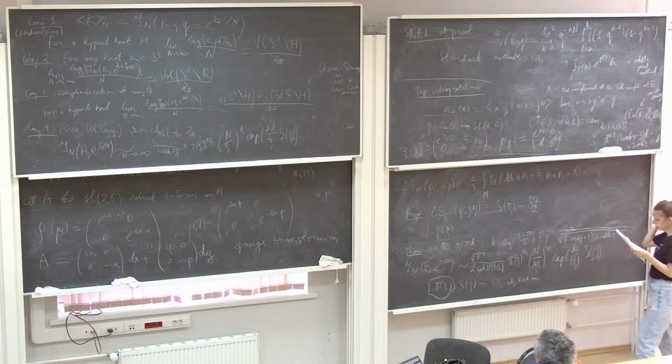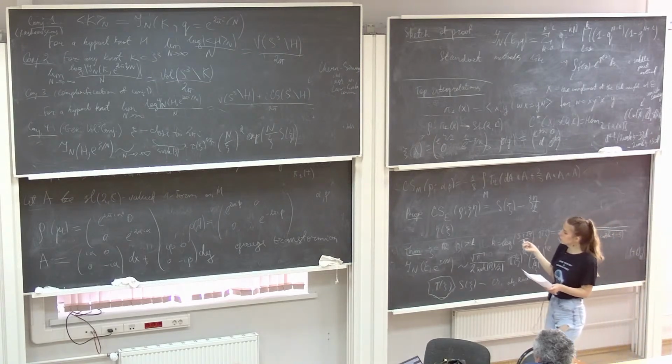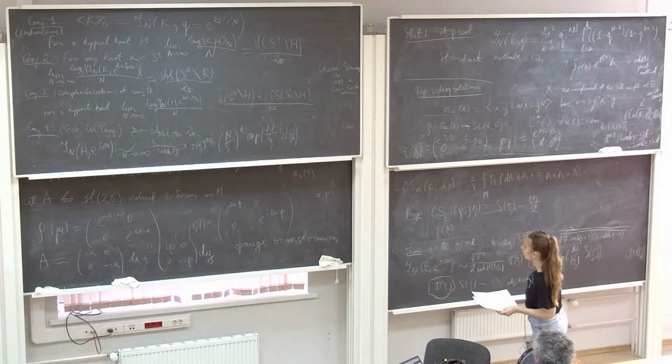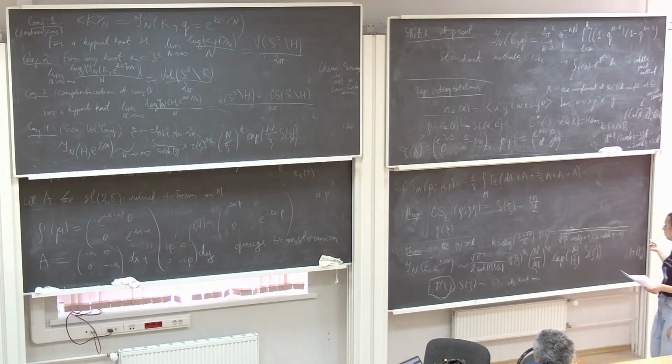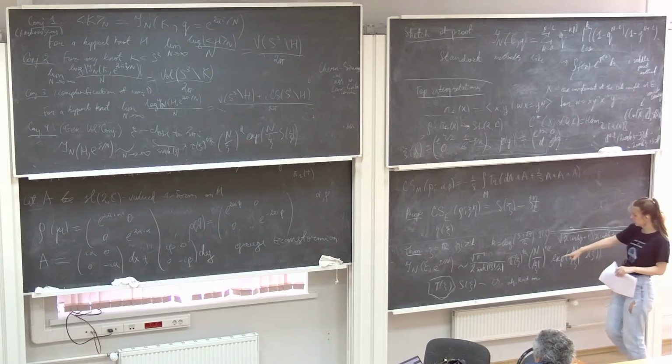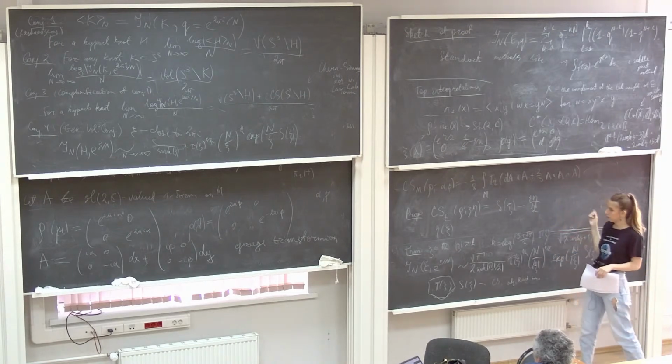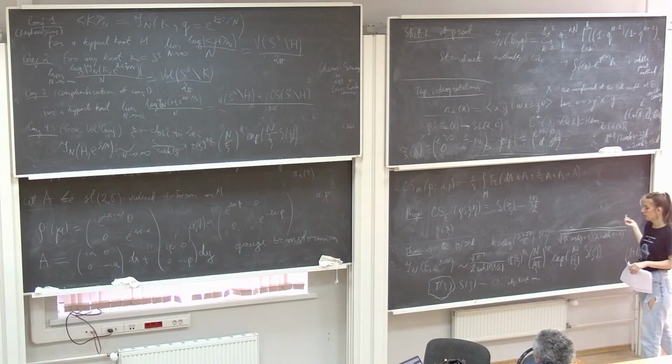So this gives us, yes, we choose the preferred longitude and meridian, and this gives us the relation of this constant to this topological invariant.